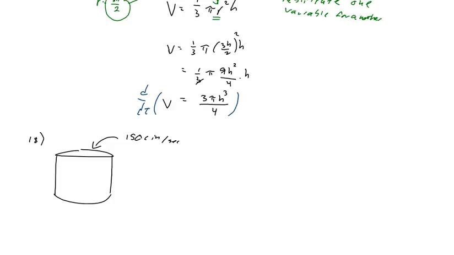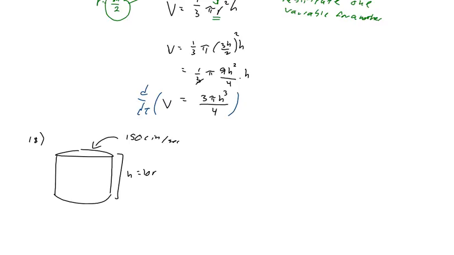The height is, it says, approximately 10 times the radius. 10 times the radius. Okay. At what rate is the height of the oil changing when the oil is 35 inches high?